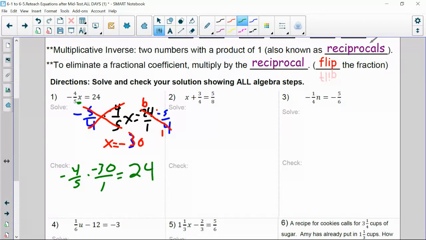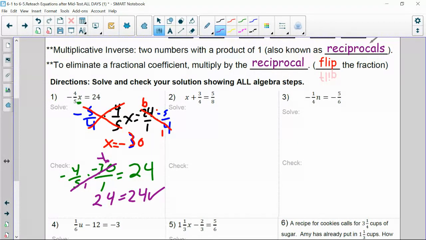That's what we're trying to find out. Okay, well, 5 can go into 30 6 times. Keep the negative still with it. It hasn't disappeared yet. So then we have negative 4 times negative 6. That gives me a positive 24. And so we're good.